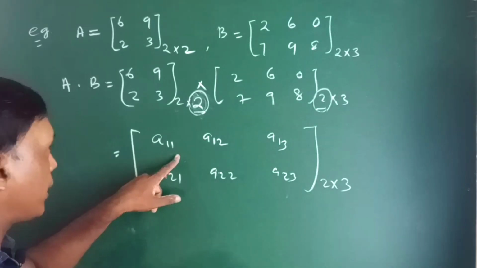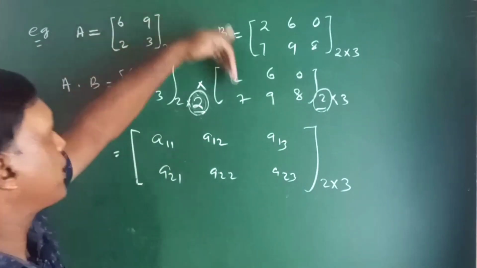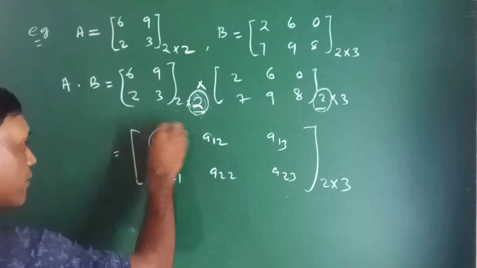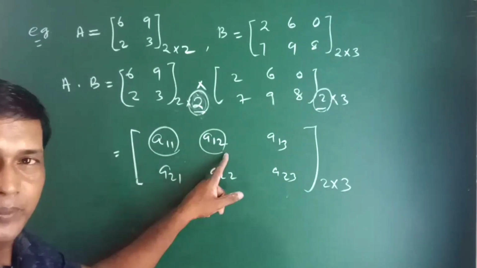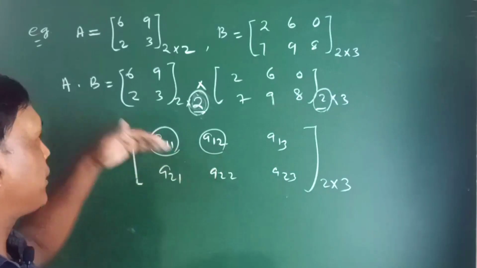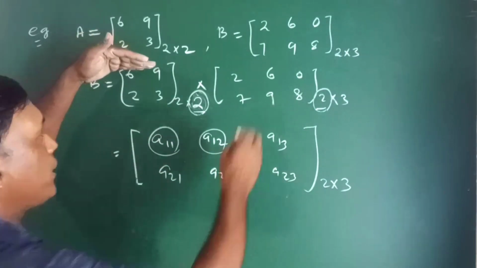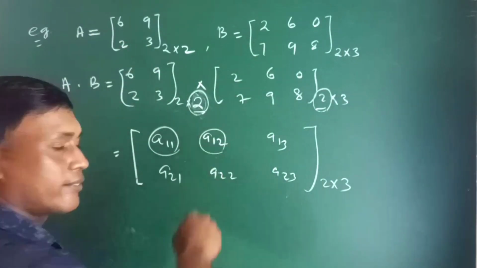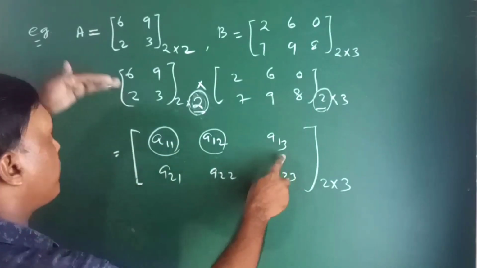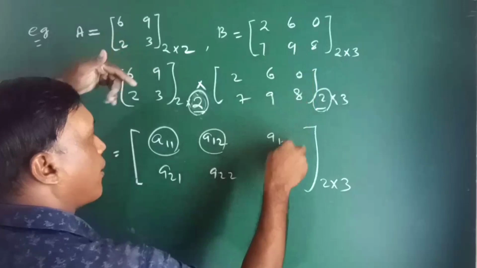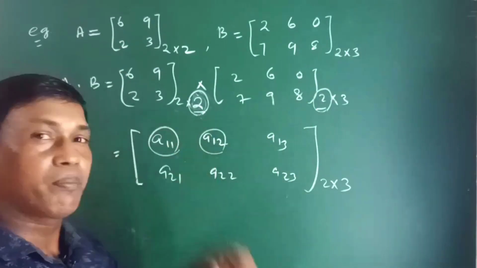That means you have to multiply first row with first column and write here. This is A12, first row, second column. That means you have to multiply first row with second column and write here. Similarly, this is 1, 3. First row, third column, multiply first row with third column and write here.